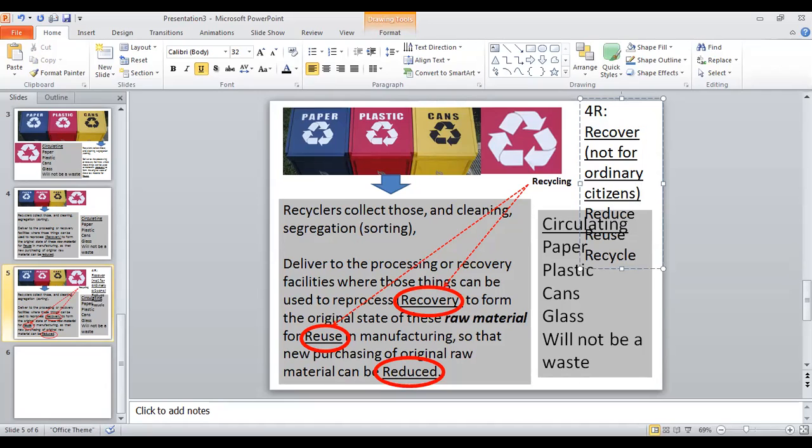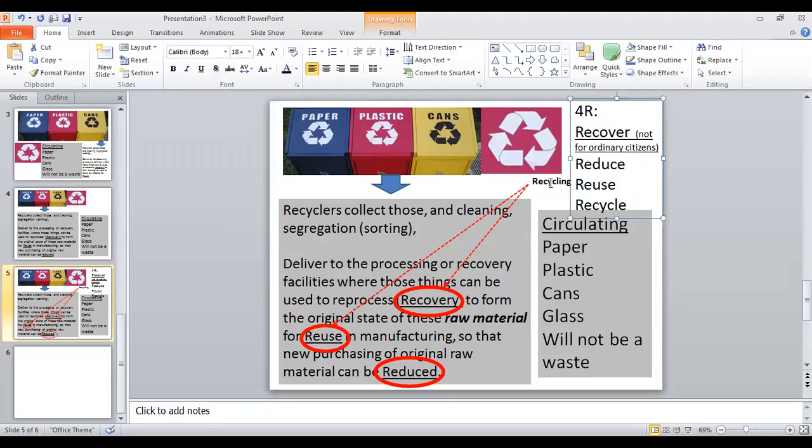Recovery. So this involves technology as well. Okay, recover, but reduce.